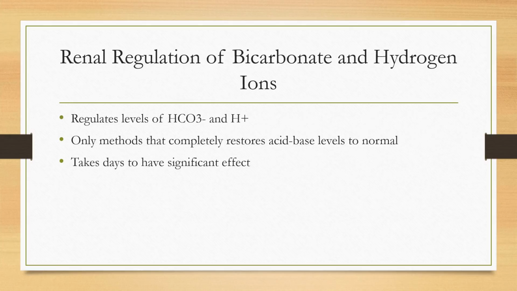And the renal system will work on the bicarb and the hydrogen ions. It'll regulate those levels of bicarb and protons in order to adjust for acid-base disturbances as well. So the order of operations will really be buffers first, they act the fastest, then the CO2 via the respiratory system, and then the renal system. The renal system is a good bit slower and can actually take several days to have significant impact.